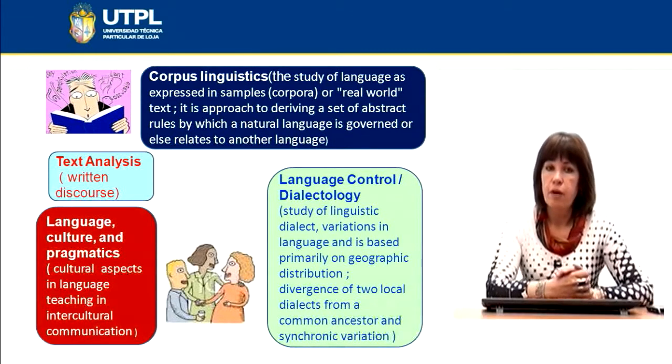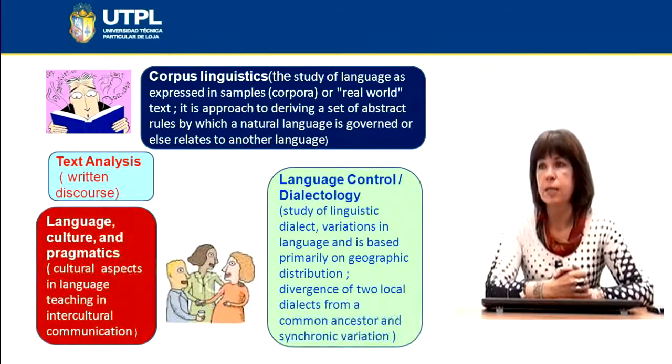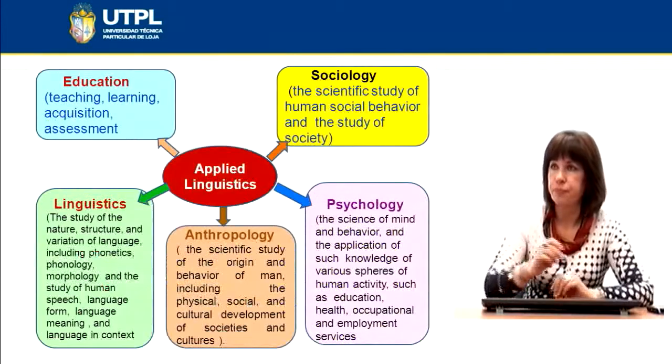Also, it's another field, very broad and very important in language learning, especially language and culture and pragmatics that are very closely related. It needs to be taken into consideration, especially in the educational field, because when we learn a foreign language, we also need to teach our students some aspects of the culture of the target language.